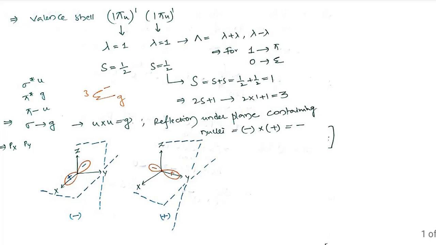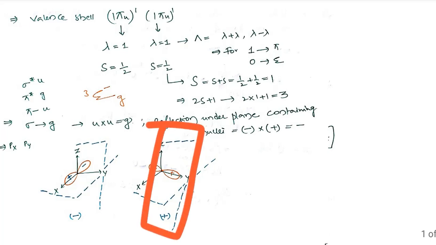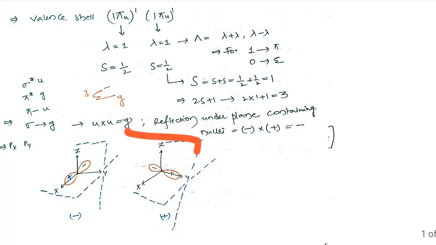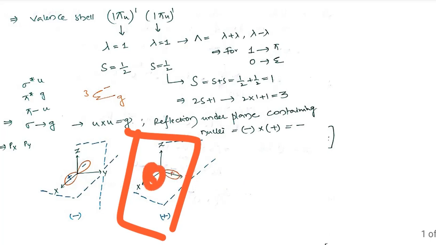Now go to py, the p orbital along the y axis, and take the same plane through y and z. What is happening? The plane goes through the two lobes of the p orbital on the y axis, so above and below the plane you see the same sign, so it is symmetric and we take +1.